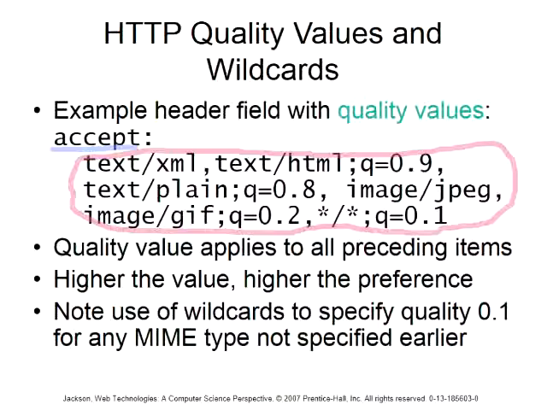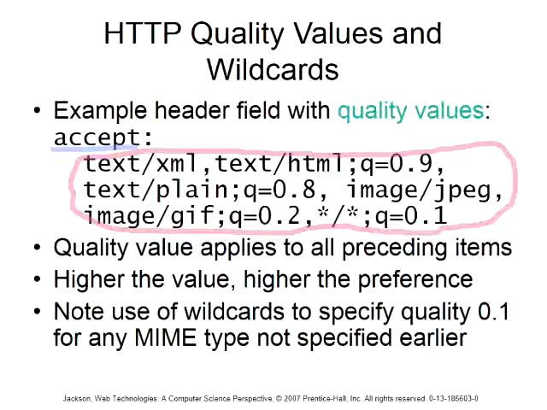Good. So in this example, when we write accept text XML, text HTML, q equals 0.9, that means the preference of XML as a response and HTML as a response is 0.9. So the quality value applies to all preceding items.